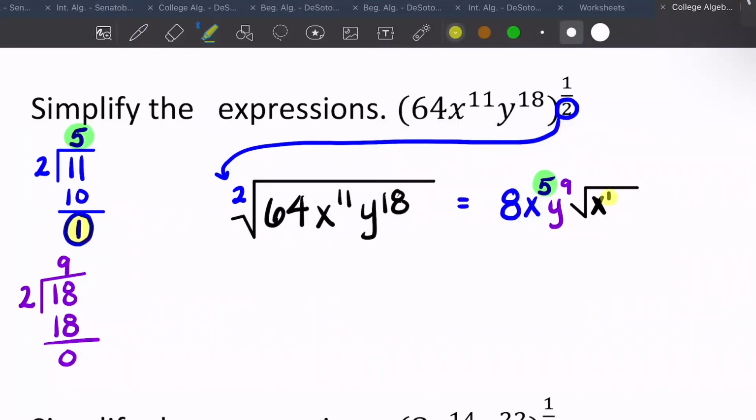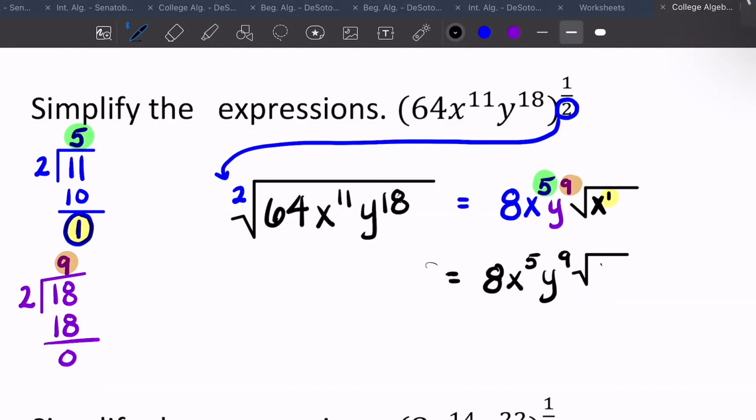There's where we get our 1 from and our 9 from. You don't have to write x to the first under the radical, so you can rewrite that as the square root of just x.